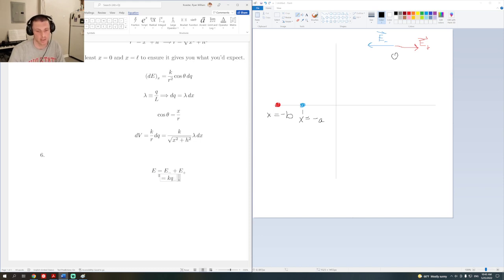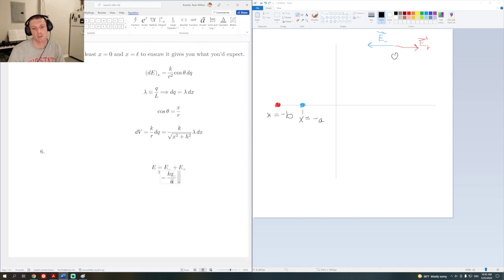Now remember, Q minus is negative, over A squared. Remember that I want to make sure that whatever I put in the denominator is positive, and in this case it is, because if x equals negative A is to the left of the origin, then that means A, as I've stated it, is actually a positive number.